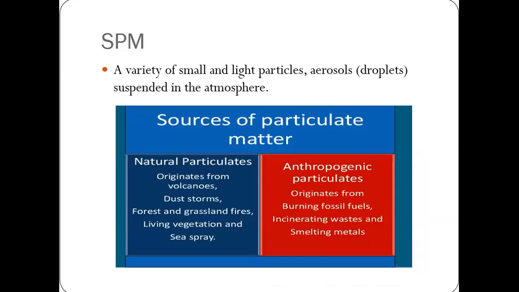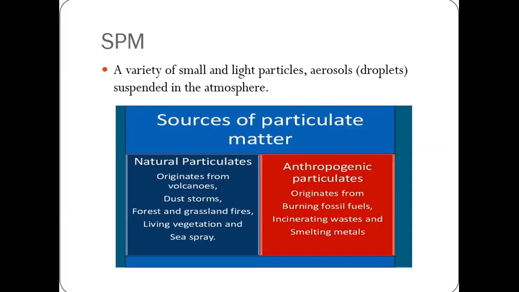Suspended particulate matter. So suspended particulate matter is a variety of small and light particles, and sometimes they form aerosols or droplets that are usually suspended in the atmosphere. The sources of this suspended particulate matter are either natural or anthropogenic. Natural in the sense that they originate from volcanoes, dust storms, forest and grassland fires, or even living vegetation and sea spray.